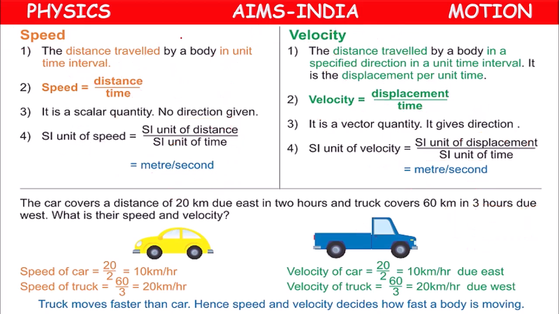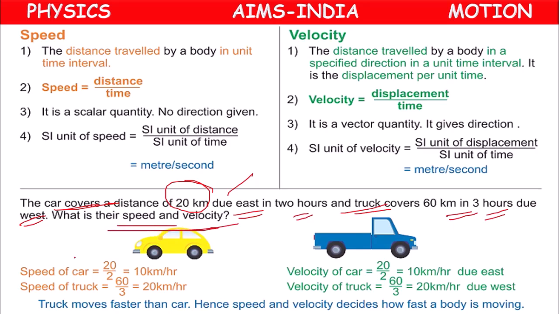Okay, so next. Suppose a car covers a distance of 20 km due east in 2 hours. A truck covers 60 km in 3 hours due west. What is the speed and velocity?